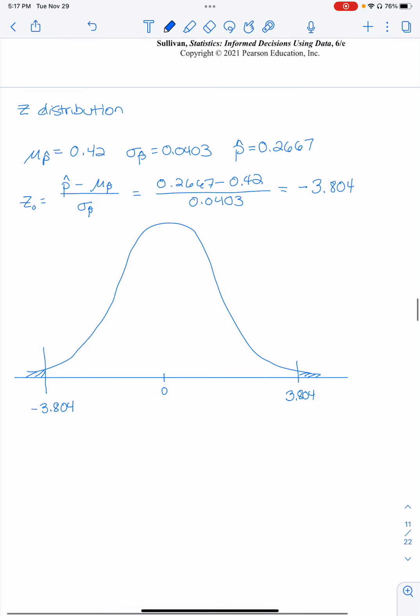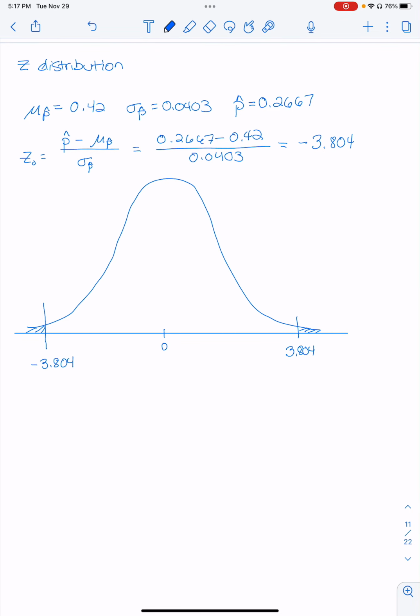So in order to find the p-value here, what I want to do is find the area of one of these and multiply it by 2, because I have an area here which is equal to the probability that z is greater than or equal to 3.804.